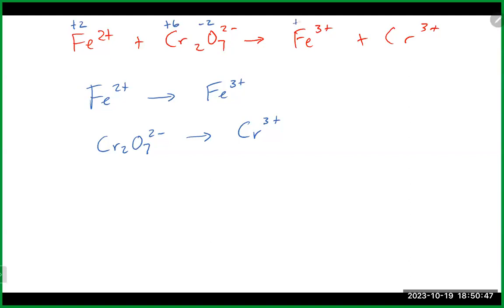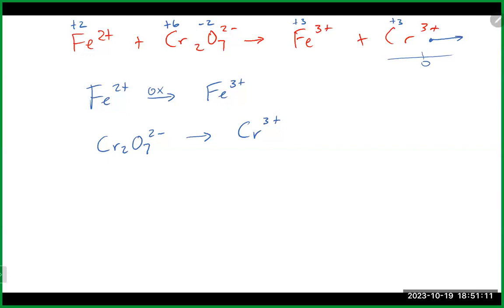The iron here is +3, and that is a chromium with a +3 charge. So in this case, is the iron being oxidized or reduced? The iron is going from +2 to +3, which means it is being oxidized.